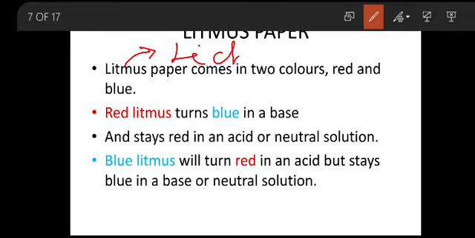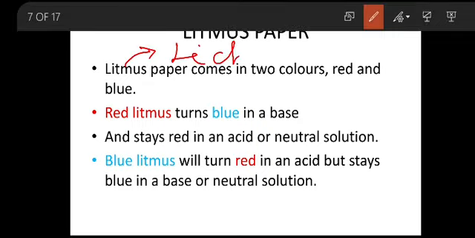Okay, so now whenever you add a drop of base, it has changed into blue color. In this, can you identify that a red litmus paper is changed into blue color? And a blue litmus paper with a drop of an acidic solution has changed into red color.